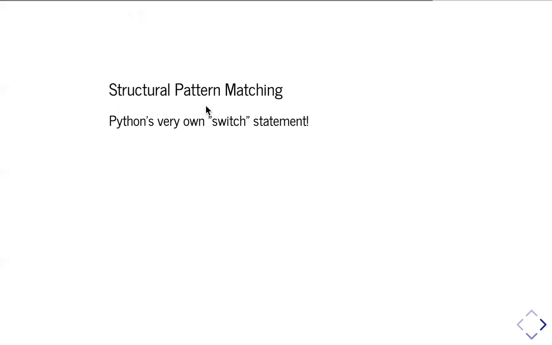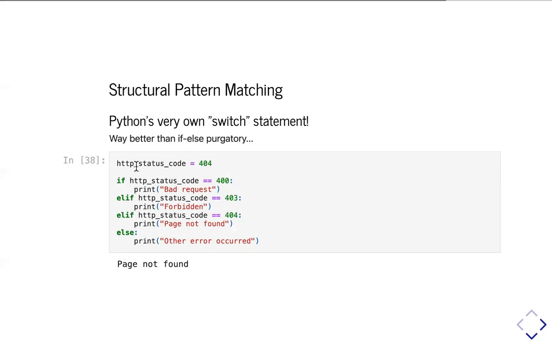Structural pattern matching is Python's very own switch statement. You've probably heard of switch statements in other languages where you can check for different patterns. Well, this prevents the good old if-else purgatory, where you're if-elsing everything to check for a certain pattern. So here is the old way.